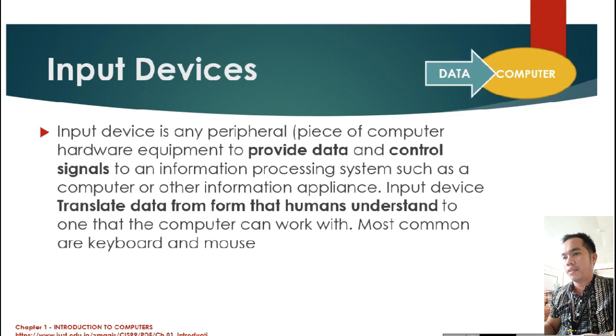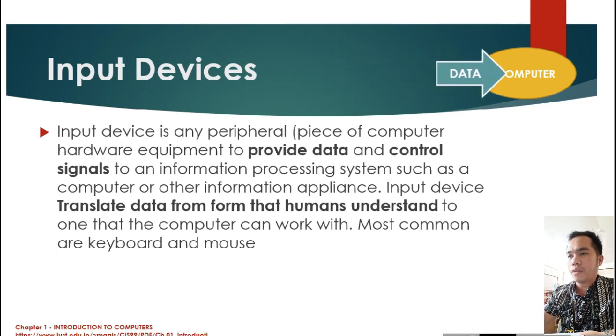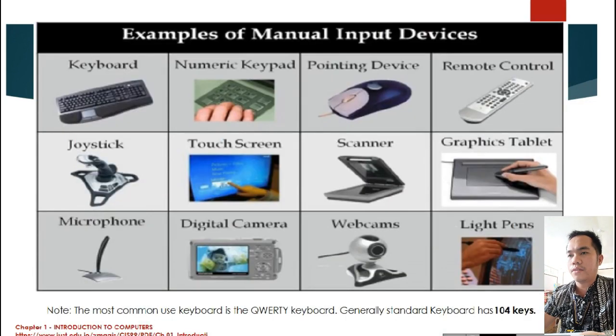Those are input devices. So, what are these input devices? These are the keyboard, numeric keypad, pointing devices, remote control, etc. What you see on the screen are examples of input devices: the keyboard, touchscreen, mouse, touchpads, graphics tablets, even the touchscreen.